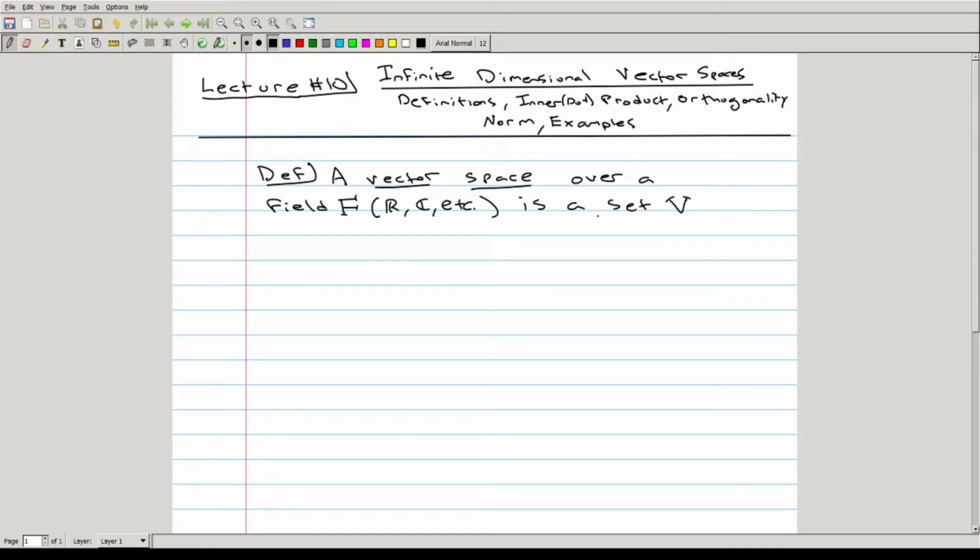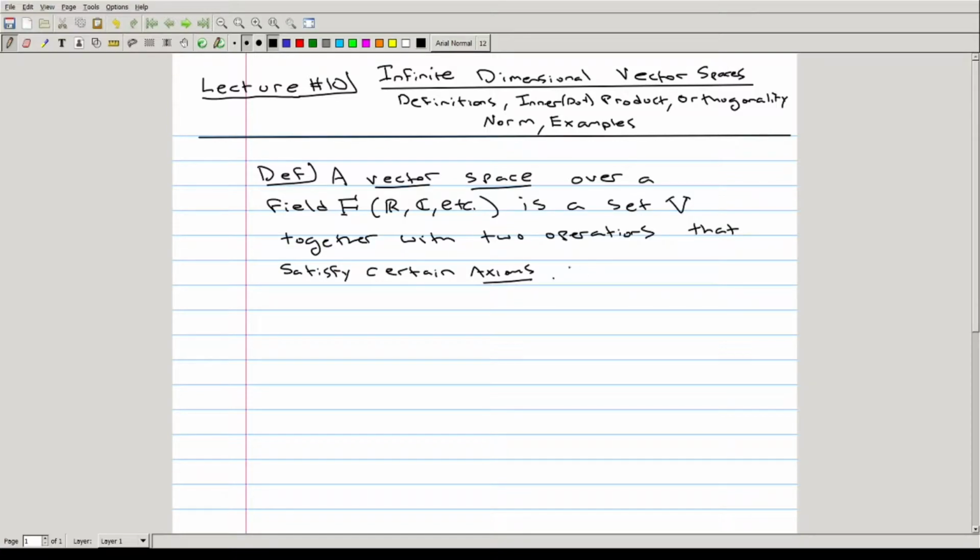together with two operations that satisfy certain axioms. So both of these two operations satisfy certain axioms.